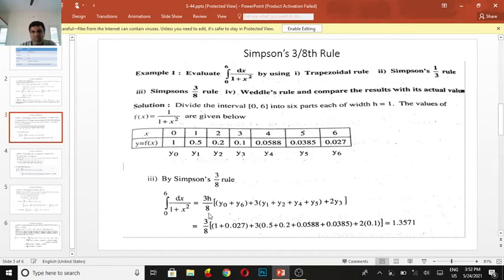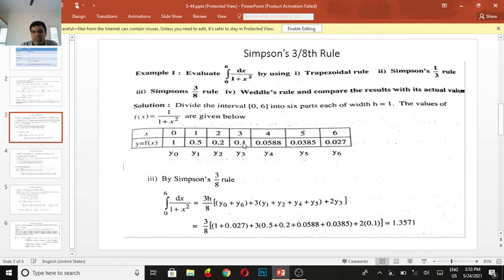So h is 1. So 3 by 8 of y0 is 1 plus the last term y6 is 0.027. So 1 plus 0.027 plus 3 times of y1 is 0.5 plus y2 is 0.2 plus y4 is 0.0588 plus y5 is 0.0385, plus 2 times of y3, so 2 times of 0.1.